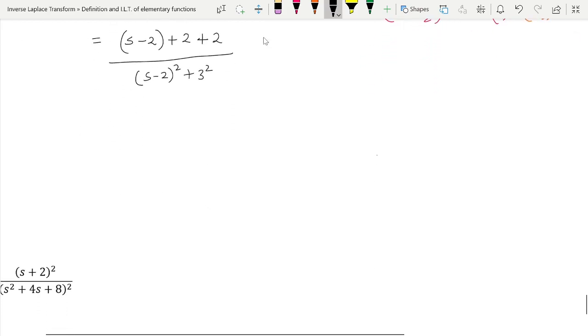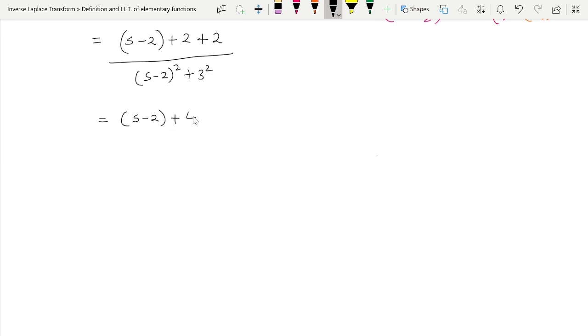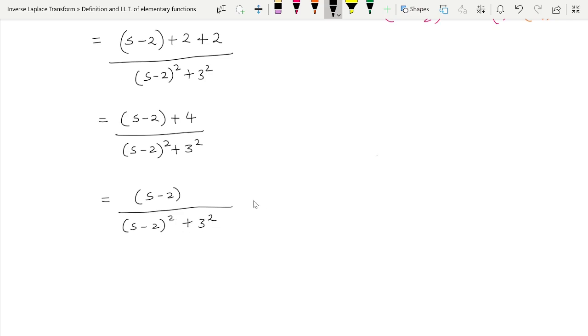So this will be further equal to s minus 2, 2 plus 2 is 4, upon s minus 2 whole square plus 3 square. Now you can separate the numerators. So this will be equal to s minus 2 upon s minus 2 whole square plus 3 square plus 4 upon s minus 2 whole square plus 3 square.